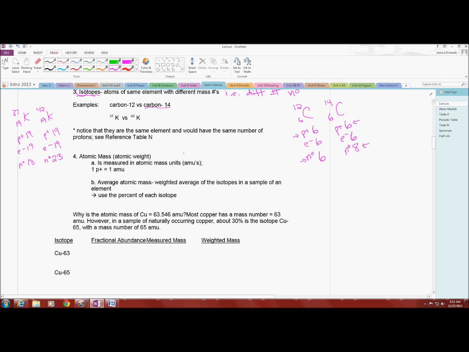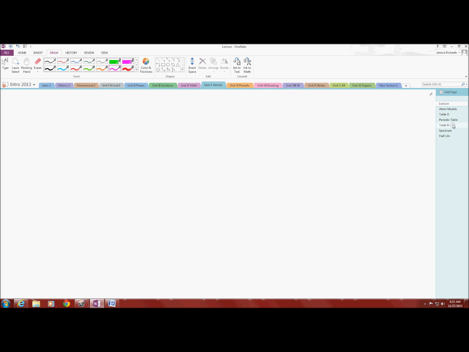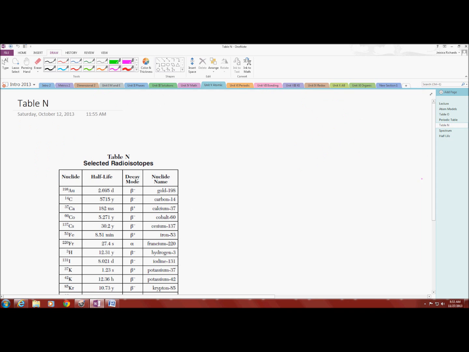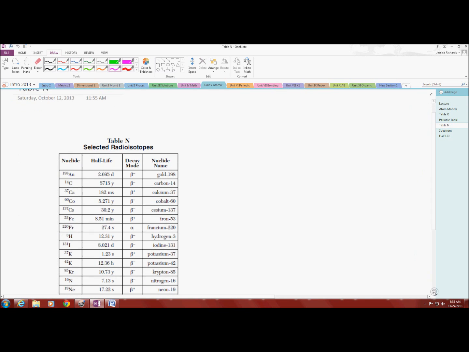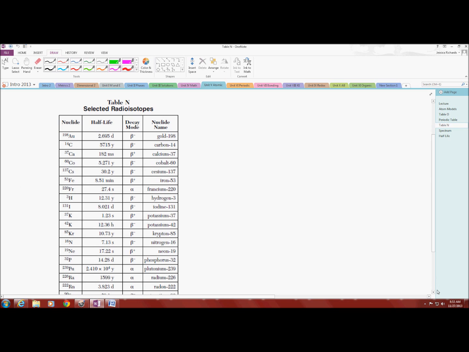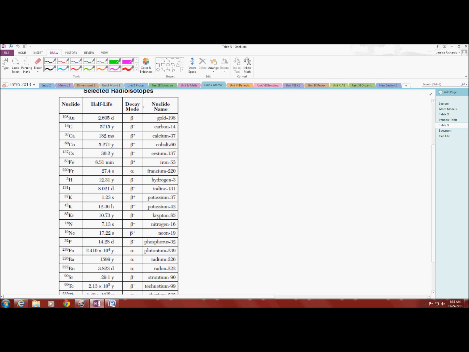Okay? All right. Reference Table N lists some of our radioactive isotopes. And they show you their names both in symbols. So they're going to give you the atomic symbol and they put the mass above it.